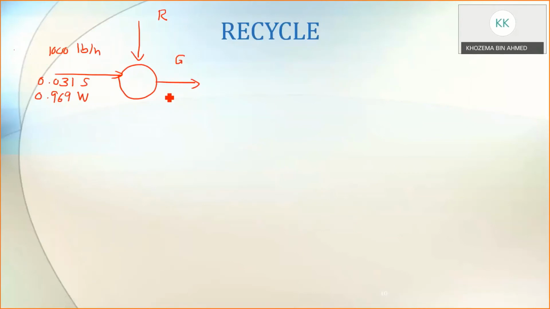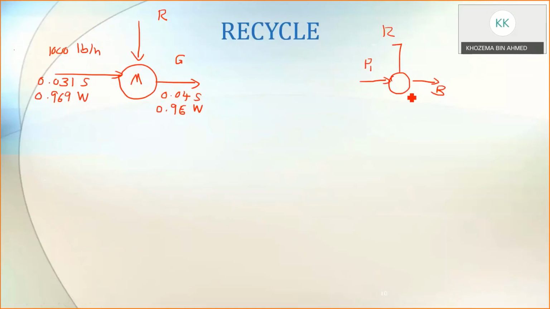And the composition is already known as 0.04 salt and 0.96 water. So the first thing we need to understand about a recycle system is that if I were just to draw it here again, this is your P1 from reverse osmosis, and then this is your B, and this is your R, the recycle that is going into your mixer.